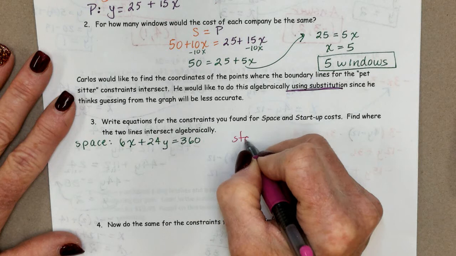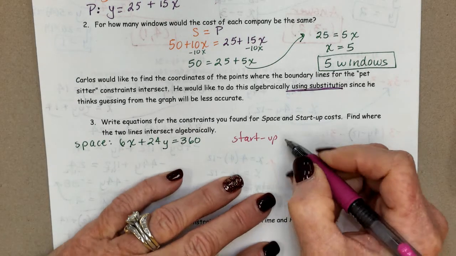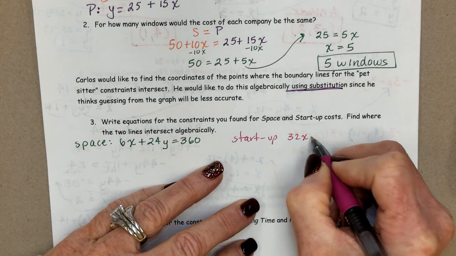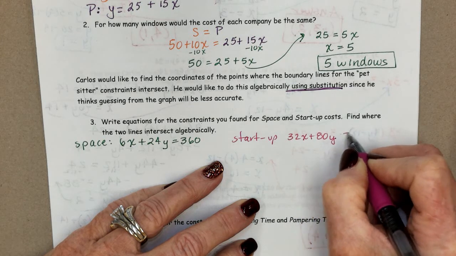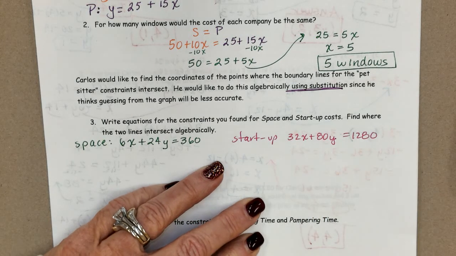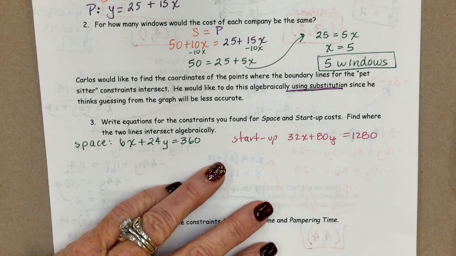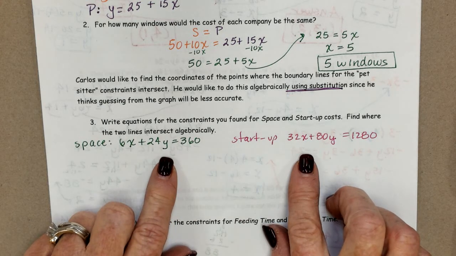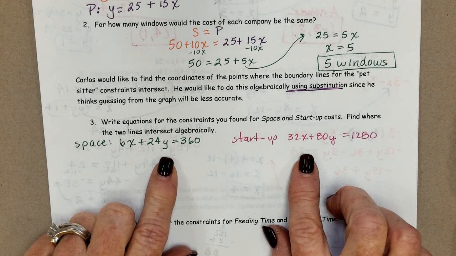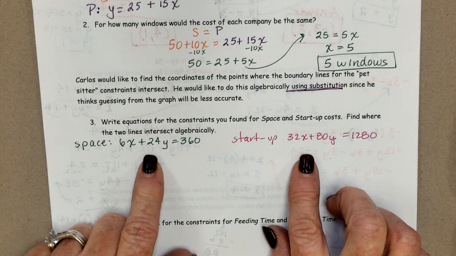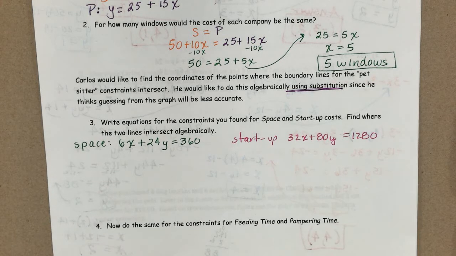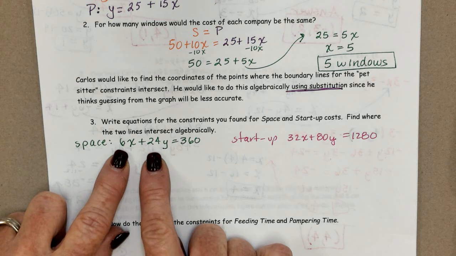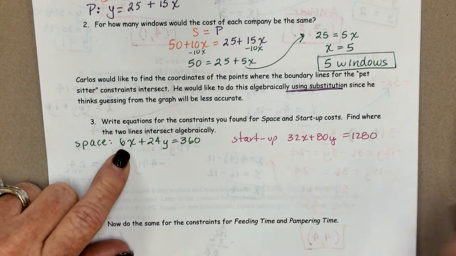And our startup costs were 32x plus 80y equals 1,280. Oh boy. We're solving these by substitution, which means I need to solve one of these equations for x or for y. It makes no difference which one you do. What do you say we solve for x?